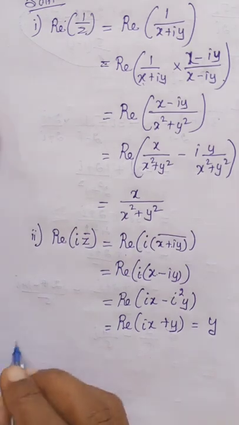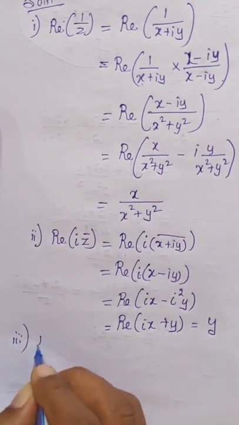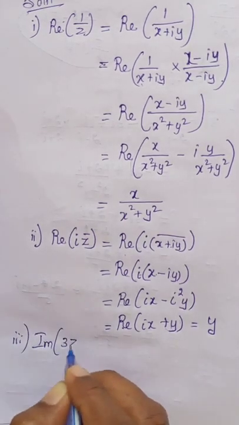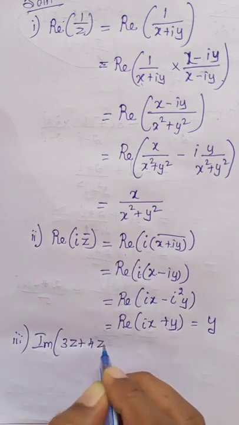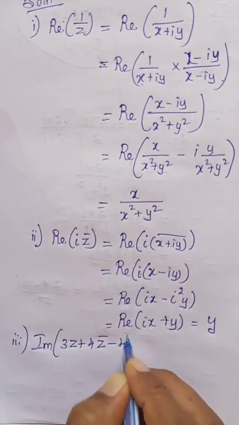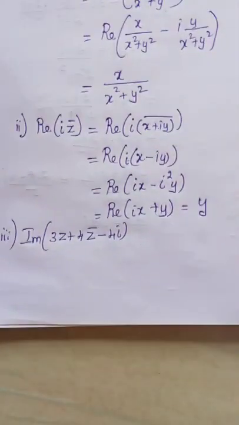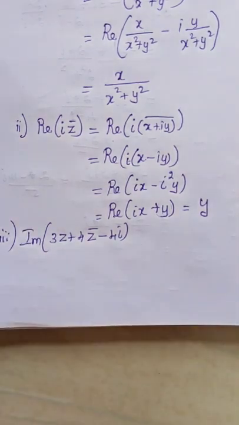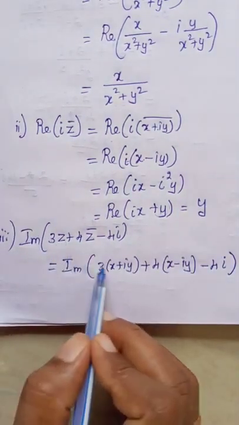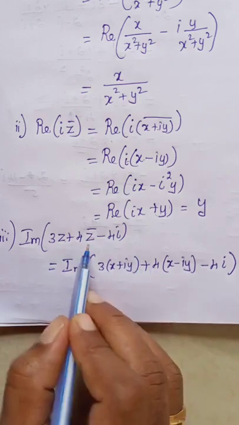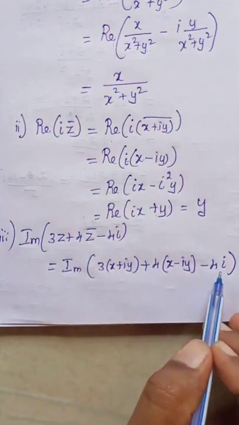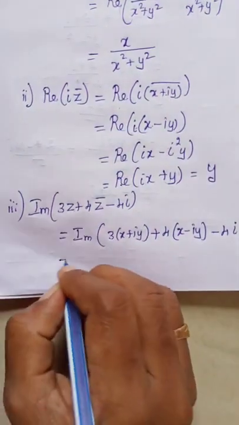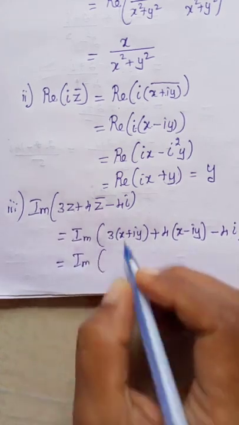Is that clear? Now the third subdivision is the imaginary part of 3z plus 4z bar minus 4i. See, 3 into z, that is x plus iy, plus 4 into z bar, x minus iy, minus 4i. Simplify first and then we can write that.